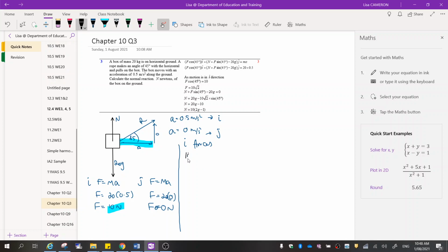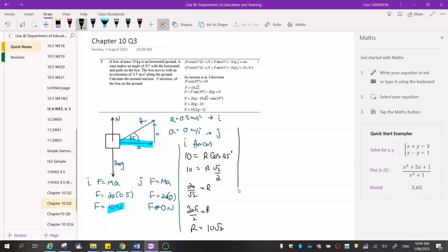So 10 equals, now because that's the adjacent, it's going to be our R, tension force, cos of 45 degrees. So 10 is equal to R root 2 on 2. Take the 2 over, it'll become 20 divided by root 2. Now all that's left to do is rationalise my denominator by multiplying the top and the bottom by root 2, which will give me 20 root 2 on 2 for R. So then R is equal to 10 root 2.